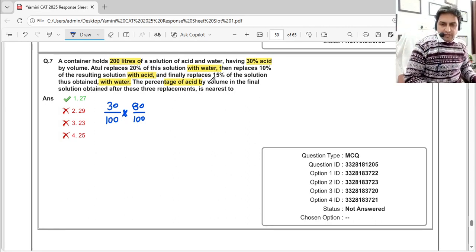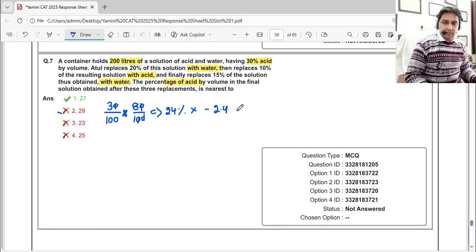And now it was replaced with 10% of acid. So first of all, you will take 10% out from it. After the first replacement, we had 24% acid. From this, first of all, we removed 10%, that is minus 2.4. Now that is from the acid.